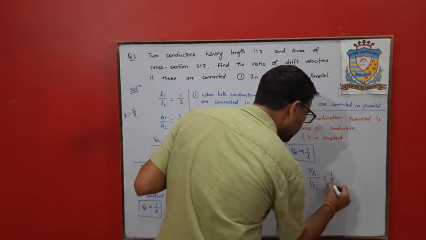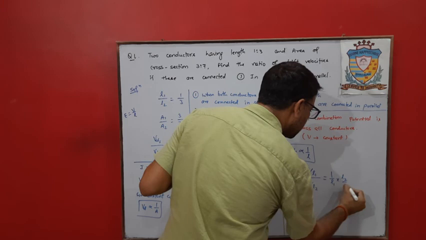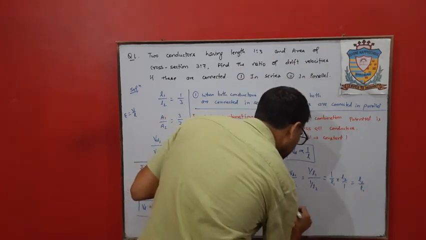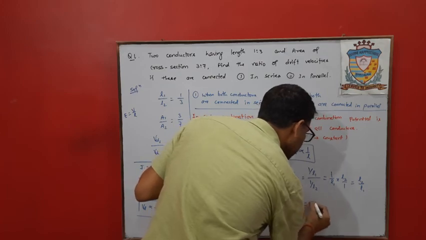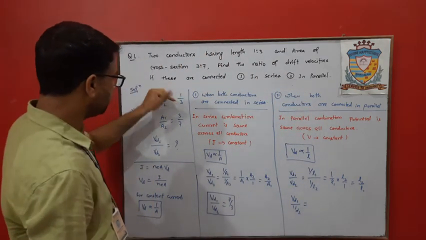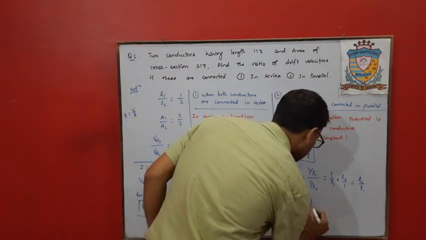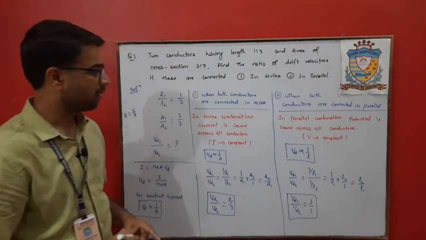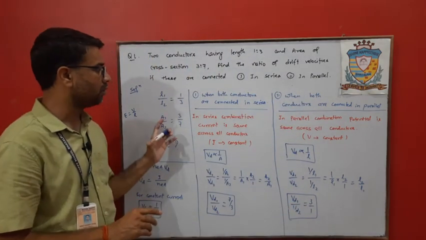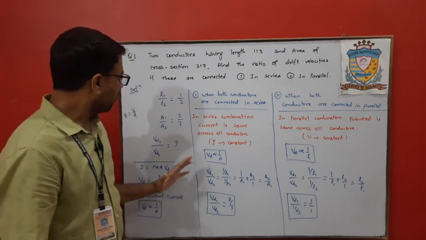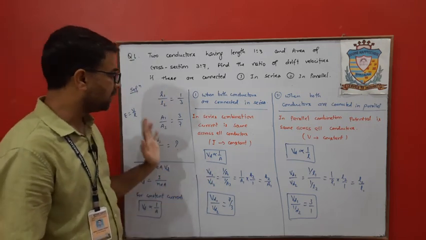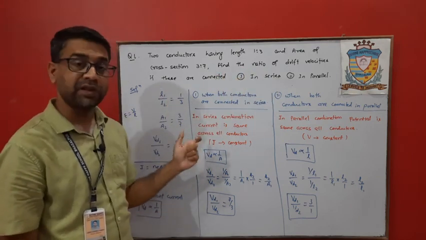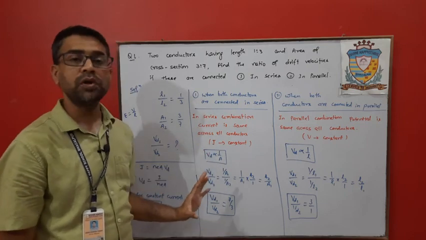This can be written as 1 by L1 into L2 by 1, or L2 upon L1, that means 3 upon 1. Clear? So in this way we can solve this numerical. We do not need to find any other thing, because the question only asks for the ratio of drift velocity, so for that purpose we choose this way to solve it.